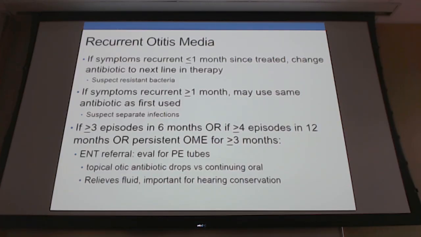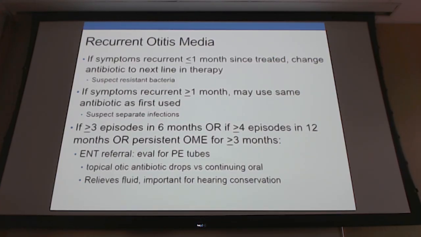What antibiotic are you going to do next if you had started with amoxicillin? Augmentin. Yep. Let's say you diagnose it March 1st, and they come back to you April 15th. What medication are you going to use then? Amoxicillin, because it's been more than a month, so this is more than likely a new infection.